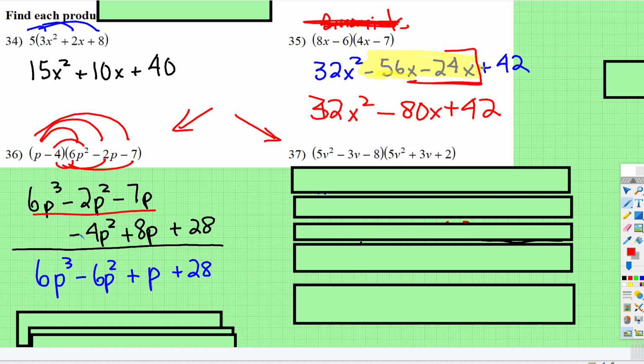Wow, I left off the 24 right there. That is not good. I'm glad I caught that. But the p squareds, I put them in the same column like place value. And then negative 4 times negative 2p is positive 8p underneath 7p. Negative 4 times negative 7 is positive 28. And then you just add the columns, just like that.